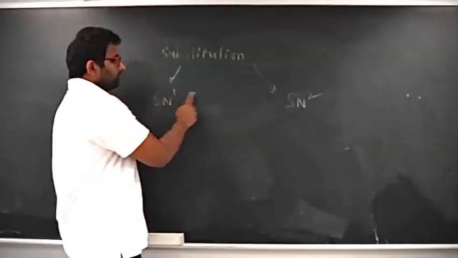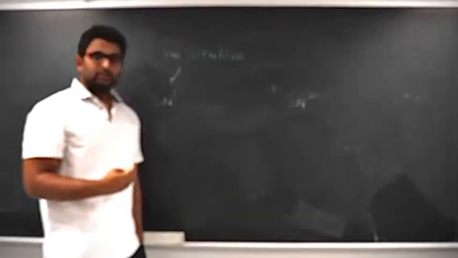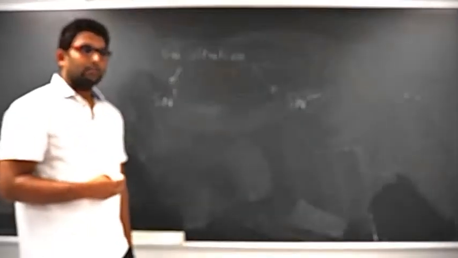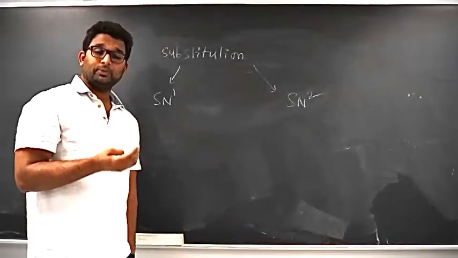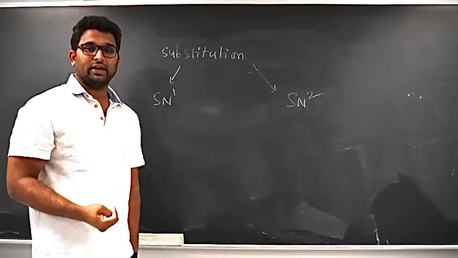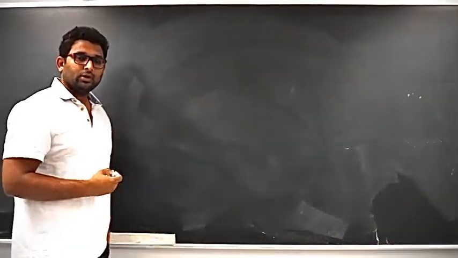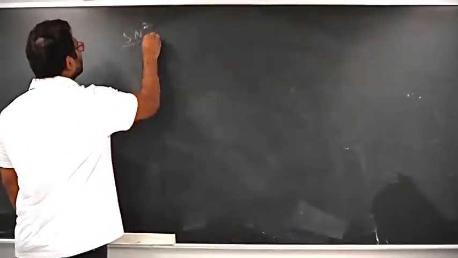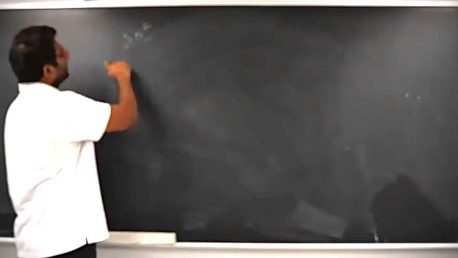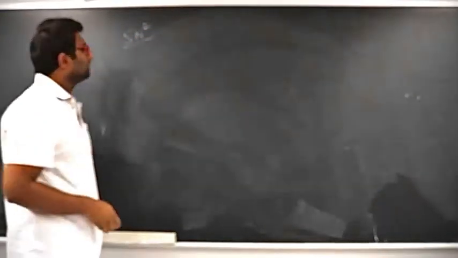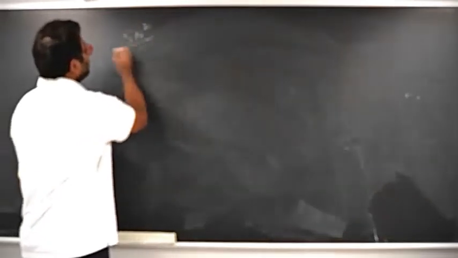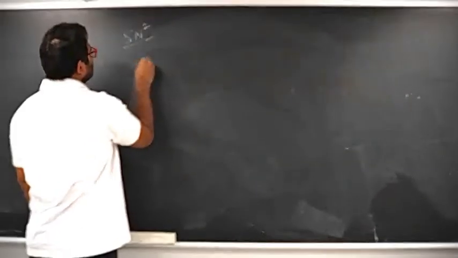The unimolecular or bimolecular represents the number of species affecting the rate of the reaction. First we'll talk about the SN2 reaction, and we'll talk about a reaction from your experiment.